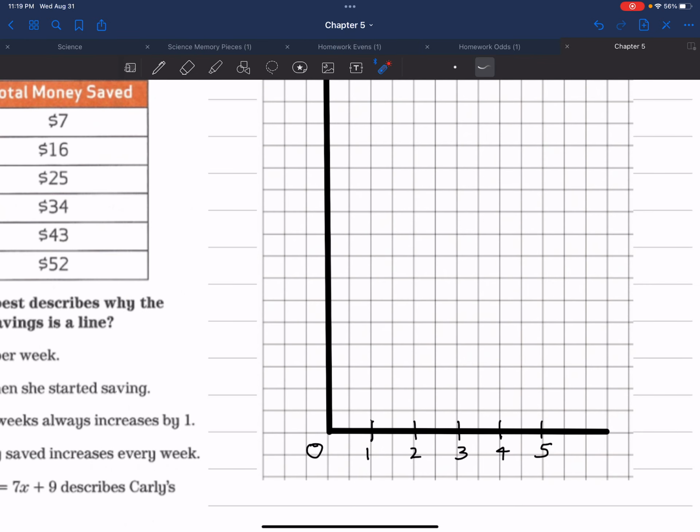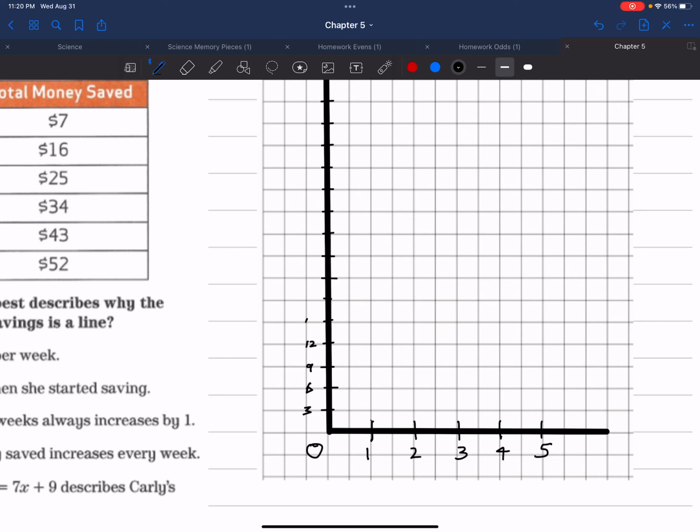So on the dollars, we have 3, 6, 9, 12, 15, 18, 21, 24, 27, 30, 33, 36, 39, 42, 45.